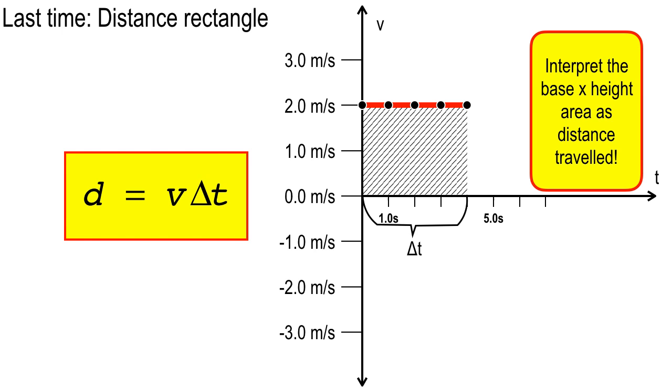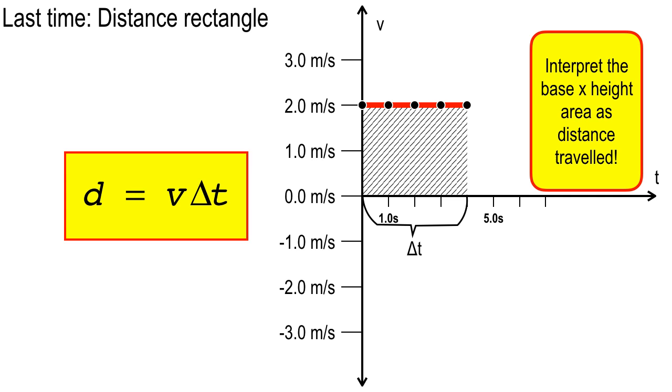So one of the things that I want you to try to connect in your brain is this picture of the velocity graph and the idea of a distance rectangle with this formula d equals vt, or d equals v times delta t. All right.